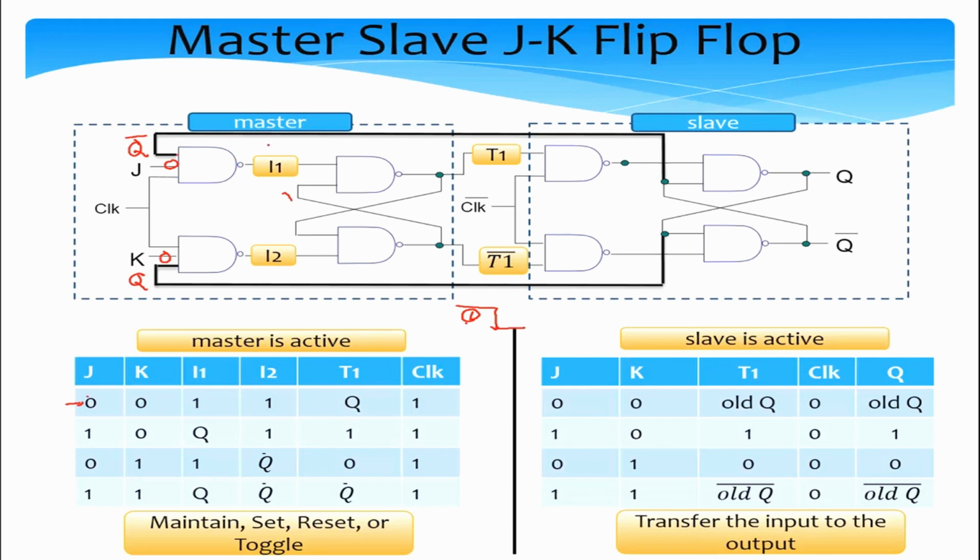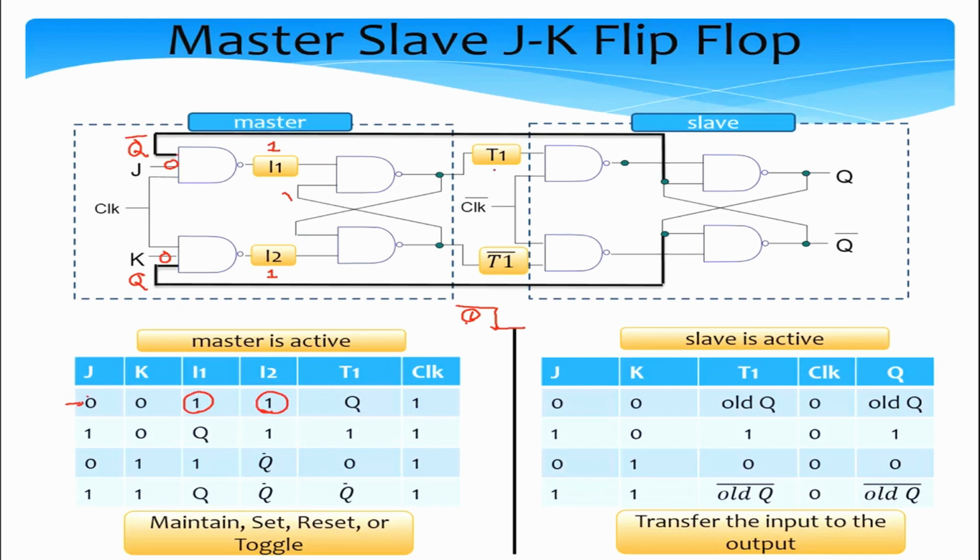So with no difficulty we can set I1 to 1 and we can set I2 to 1. No difficulty at all. So if I1 and I2 are 1, essentially this is S bar, so set and reset both are 0. So whatever values were there, they will be maintained.